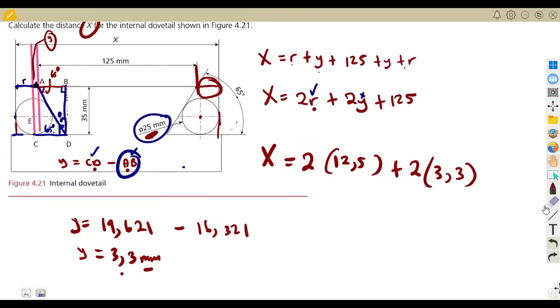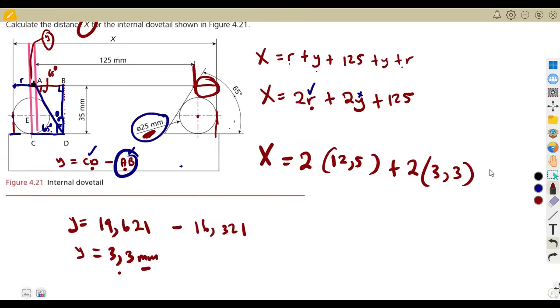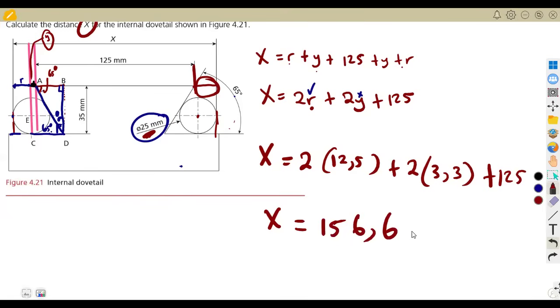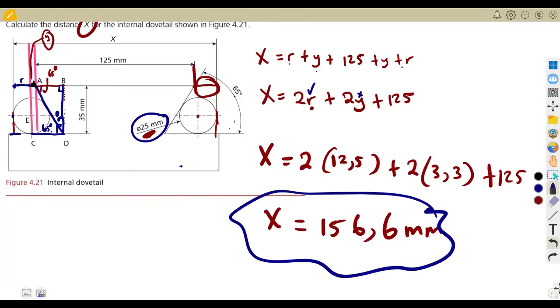Then plus 125. This was a combination of X. Everything that we have there was giving us X. So it was a matter of finding those that are giving us X. We're done. That gives us 156.6 millimeters. So that was the idea of our question there.